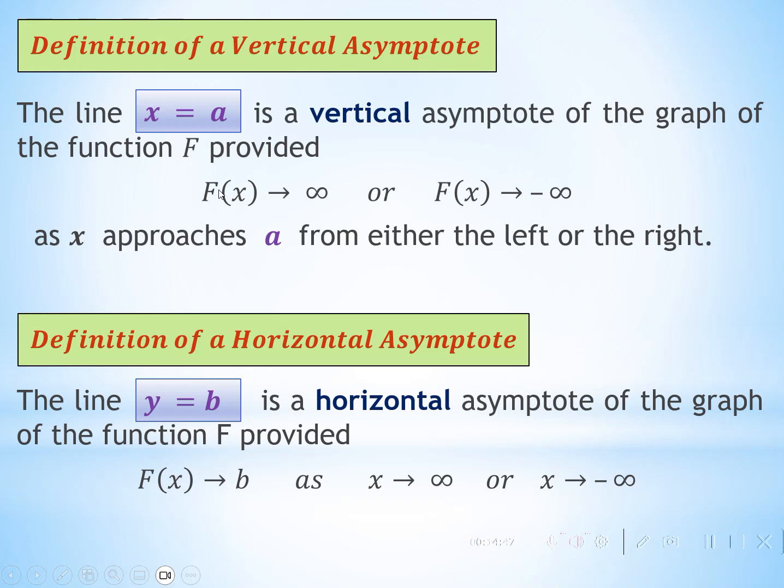Here the function tends to infinity, here the function tends to b. Here x approaches a, here x goes to infinity. Okay. Note that, and take care, the equation of a vertical asymptote is x equals, and the equation of a horizontal asymptote is y equals. Vertical, x equals. Horizontal, y equals.